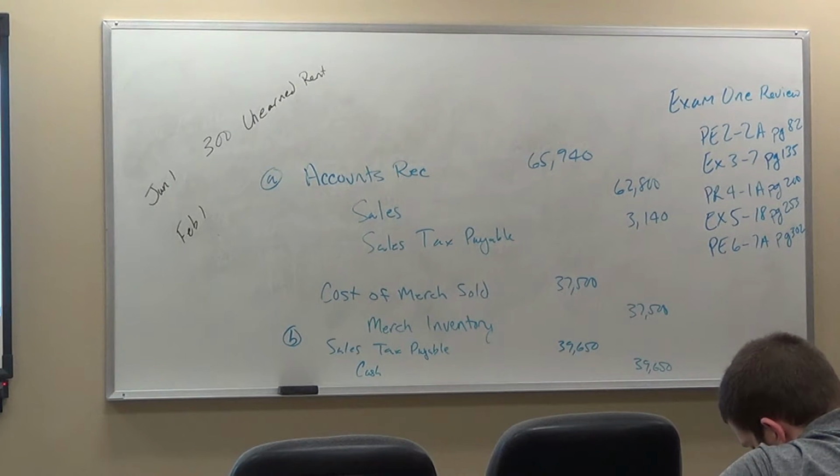Indicate the effects of the misstatements that they have on the balance sheet and their income statement for the year. All right, so what does it affect in what areas?